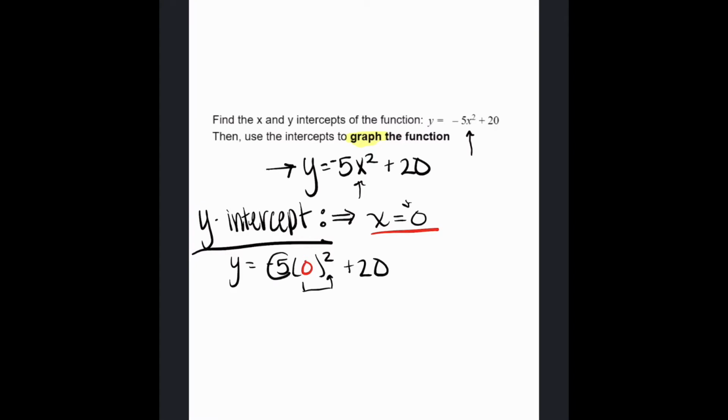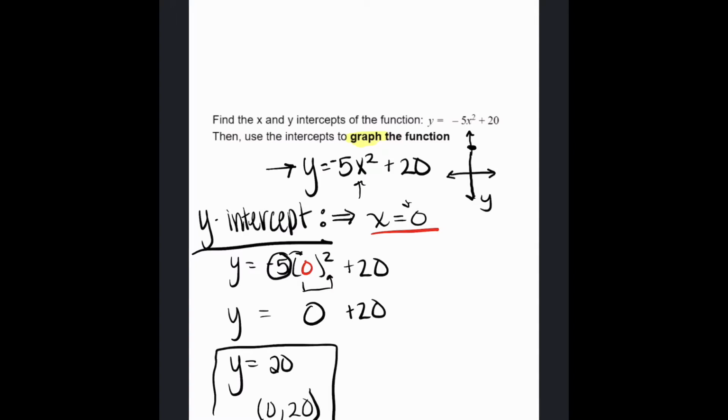Then it's -5 times 0, which is just 0 again. So it's just a bunch of zeros. But then we have to bring down that plus 20. Now our y is going to be equal to 0 plus 20, so our y is 20. So that means that our y-intercept, or where this parabola is going to intercept the y-axis, is going to be up 20. So the entire point is over 0, up 20.